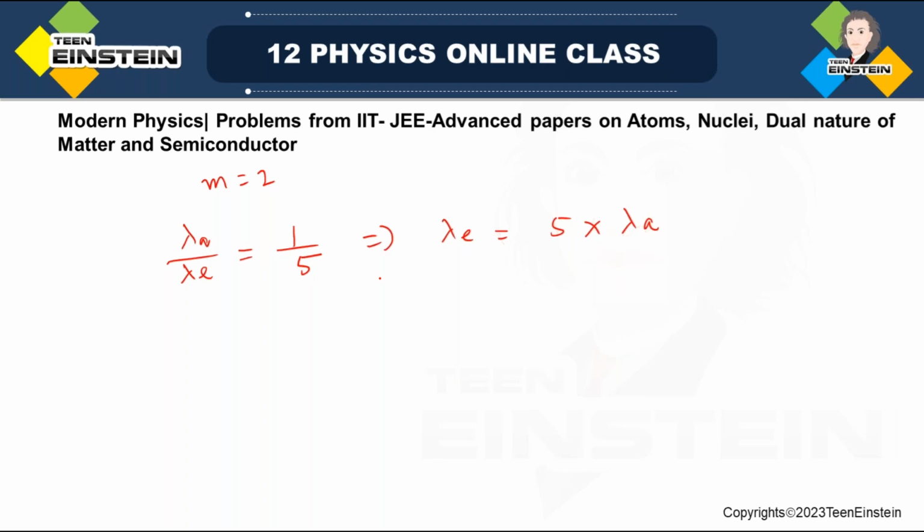So to find lambda e, we can directly put in this equation 1 over lambda e is equal to R Z square, Z is 1, R h c Z square.